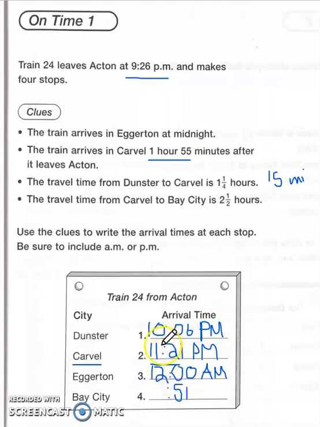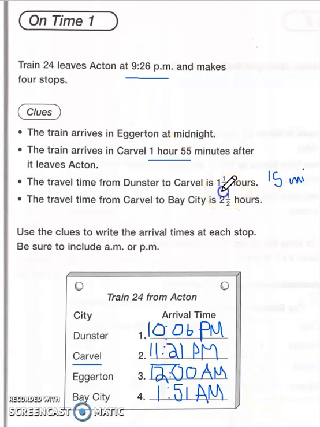And if I add 2 hours to 11, well, 1 hour would be 12, moving into the AM, and 1 hour after that, I'd get to 1:51. And now we are all the way into the early morning hours. So those are my answers for that one.